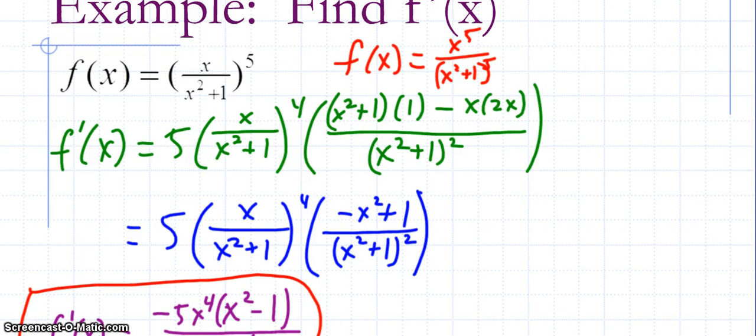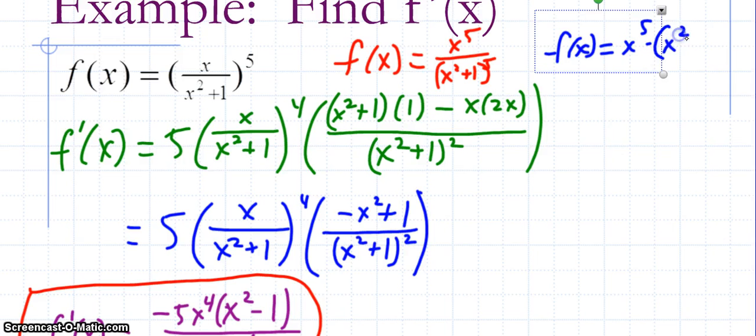As opposed to, again, in this form, I would do the quotient rule with the chain rule inside the quotient rule. Or you could have written it as f of x equals x to the 5th times x squared plus 1 to the negative 5th. And now I could do a product rule, and then within the product rule, the chain rule.